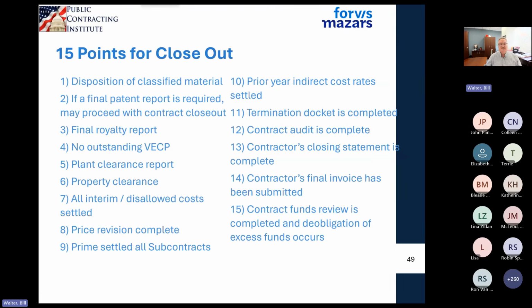And at the end of the day, the government looks at the funding authorized versus the funding that was collected by the contractor, including the final invoice, and that's the final send off, is tying everything to actual costs.